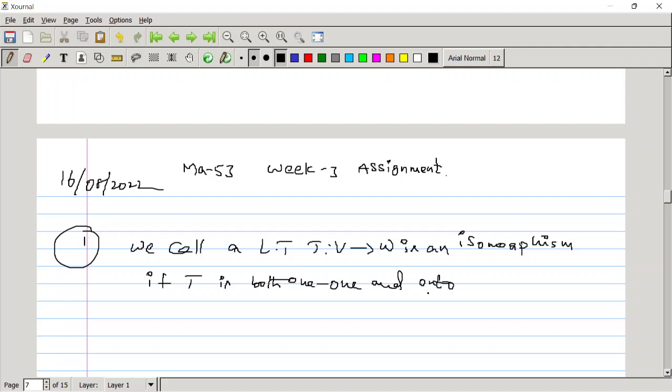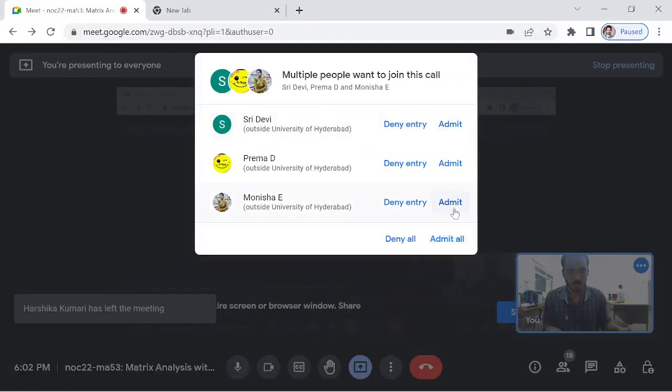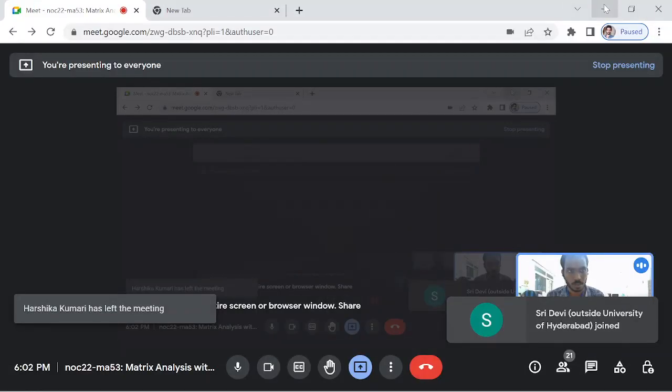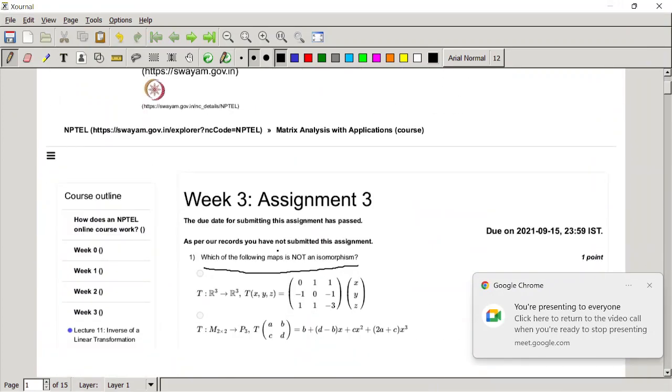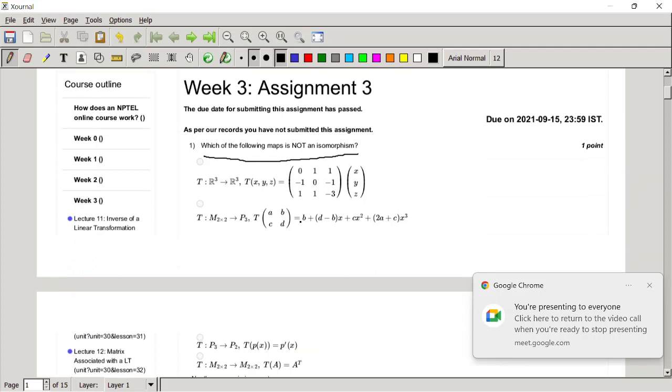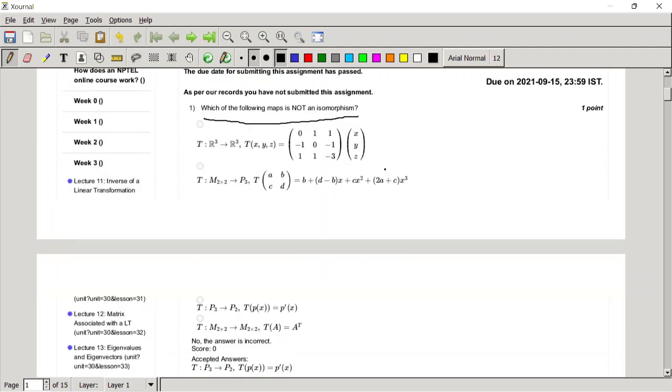In the given question, it is asking which one is not an isomorphism, so we will check the options one by one. The first option is T from R cube to R cube, given that T of x comma y comma z equals some matrix times x y z.